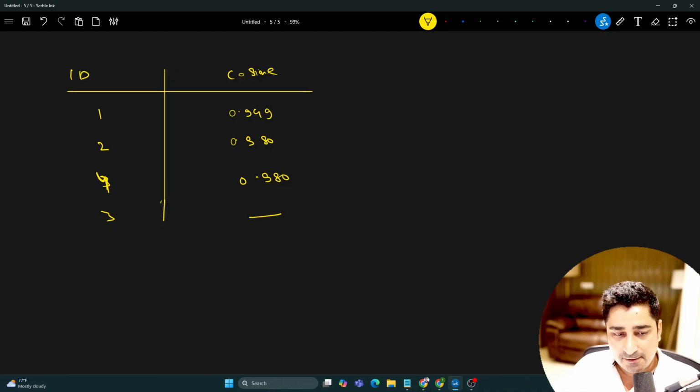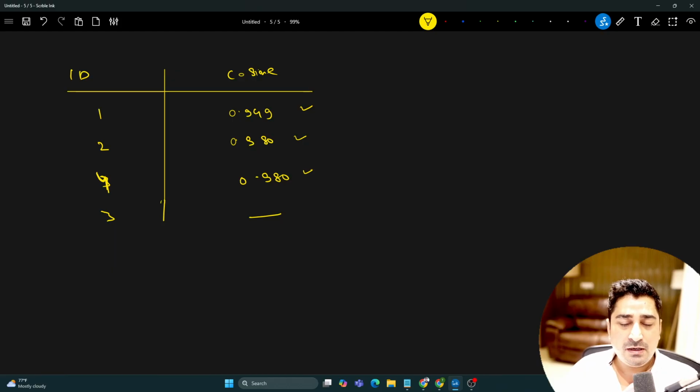What will be your answer here? Here the cosine similarities for vector 1, vector 2 and vector 4 are 0.949, 0.980 and 0.980. So which of them has the least distance? Which one has less distance? So here.